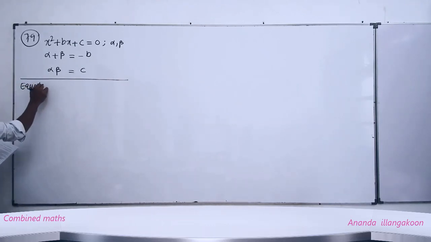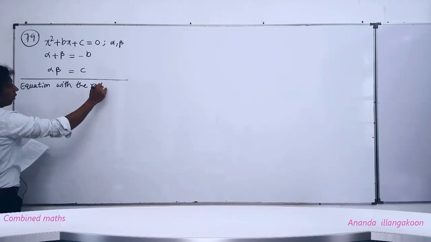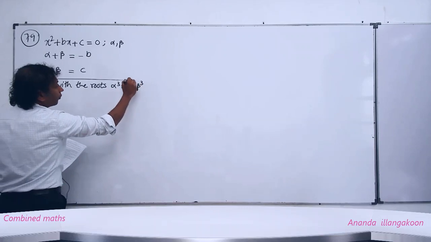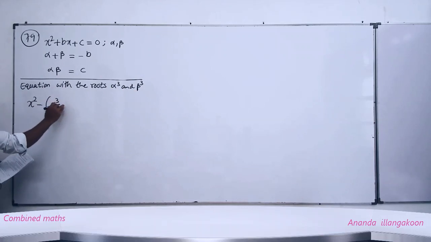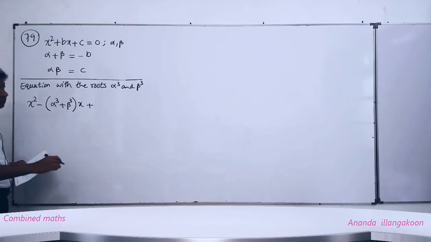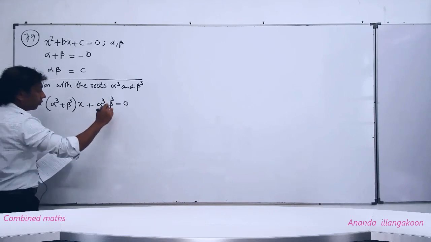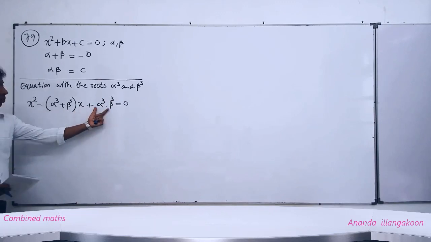How do we write it, people? x squared minus, within brackets, the sum of the roots times x plus alpha cube into beta cube, the product of the roots, equals 0.